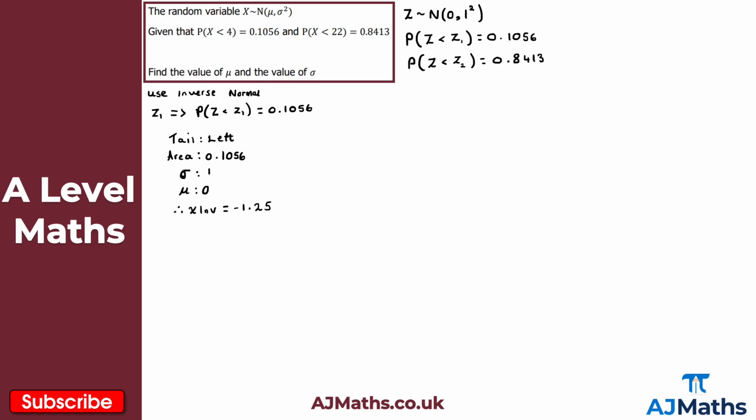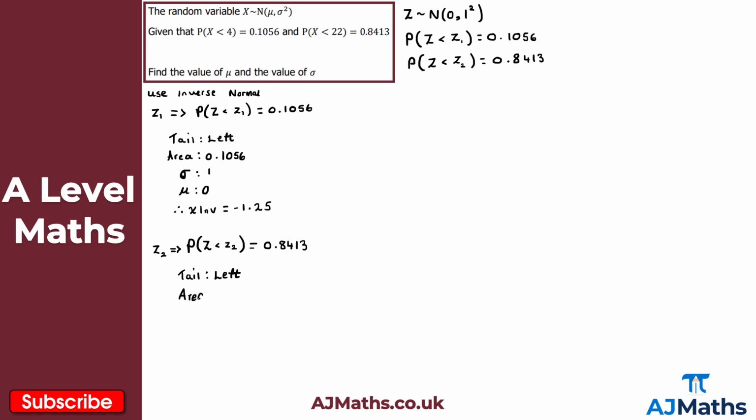And now we use the inverse normal for z2. So this is the probability that our standard normal variable z is less than z2, which is equal to 0.8413. Again, I need these different requirements. I've got the tail, which again is left, pointing to the left here.